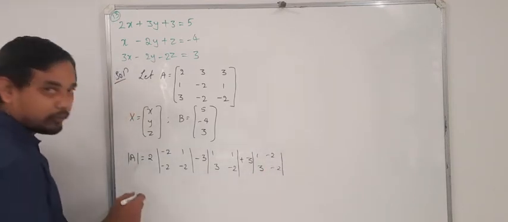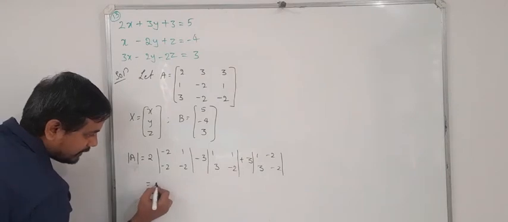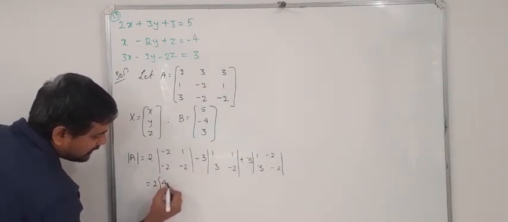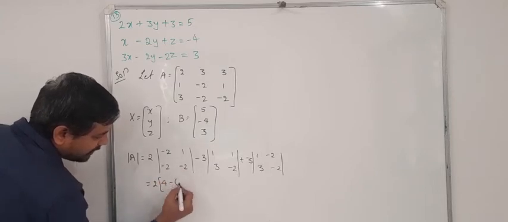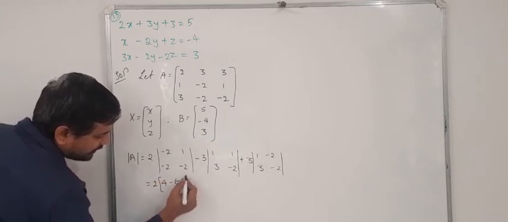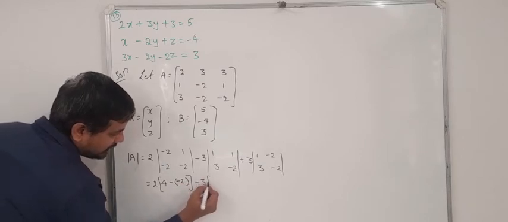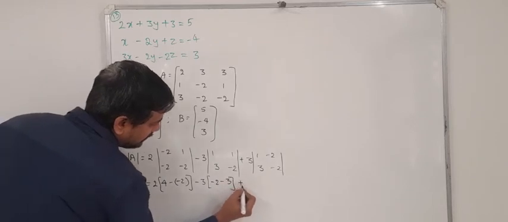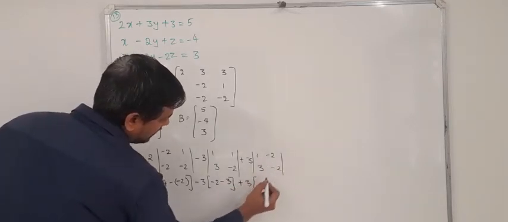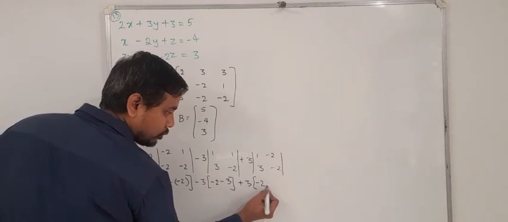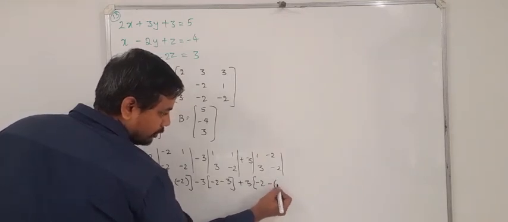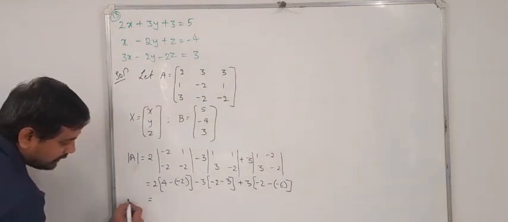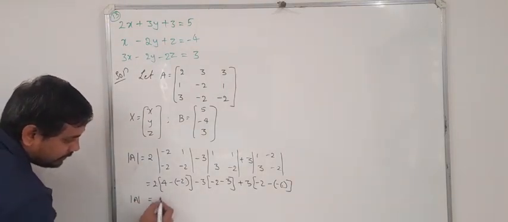So what do we get here? This is 2 into minus 2 into minus 2 plus 4, minus 2 into 1 minus 2, minus 3 into minus 1 into minus 2 minus 2, minus 3, plus 3 into minus 1 into 1 into minus 2 minus 2, so minus 3 into minus 2 minus 6.